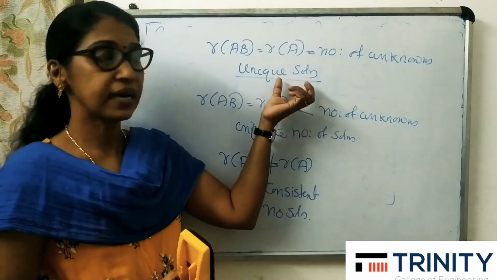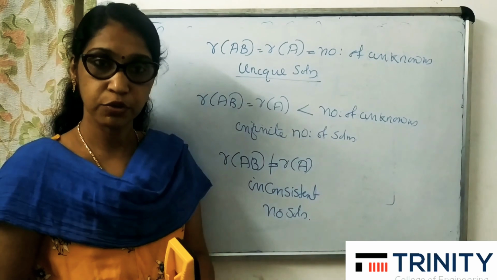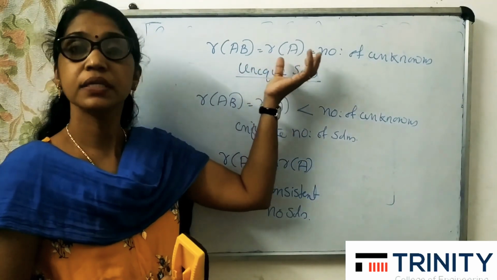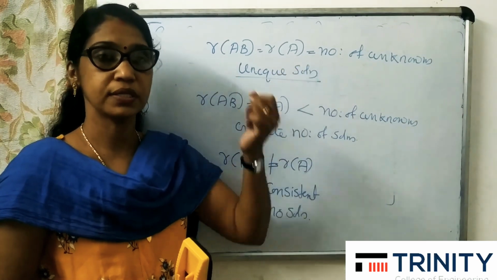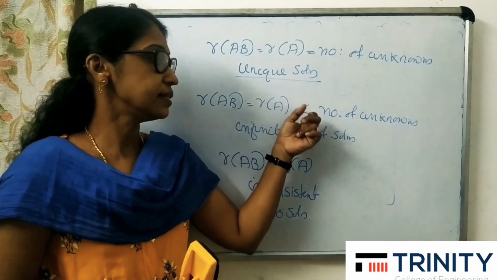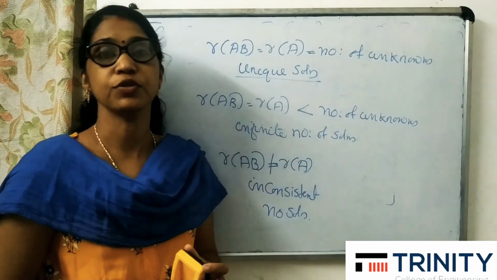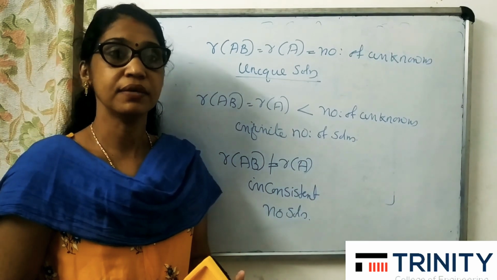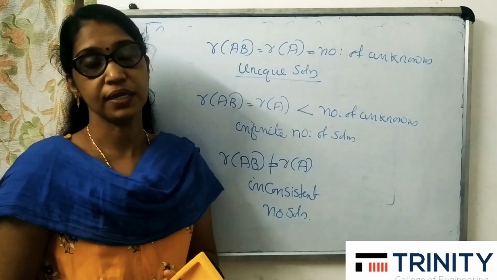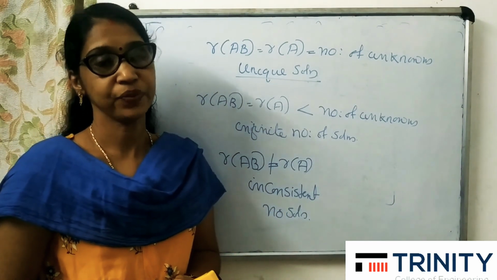When consistent, the system will have either a unique solution or an infinite number of solutions. If the rank of AB equals the rank of A, which equals the number of unknowns, the system possesses a unique solution. If it is less than the number of unknowns, the system possesses infinitely many solutions. And if the rank of AB is not equal to the rank of A, the system has no solution and is inconsistent.